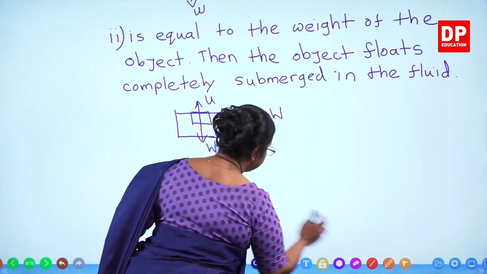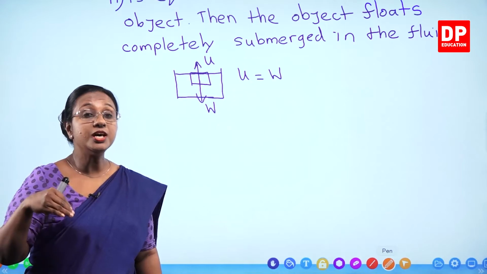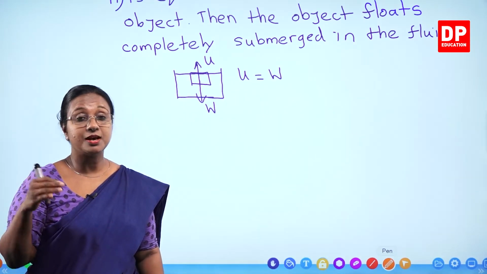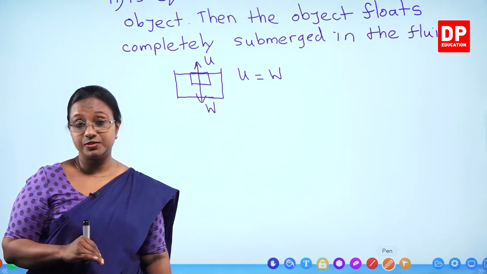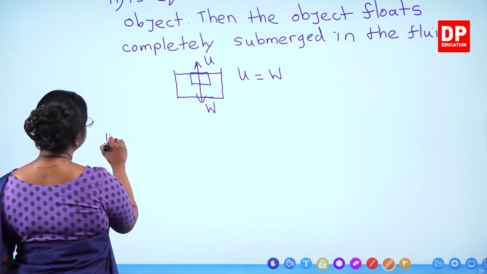That is the instance that we discussed before, where we try to push the object that is partially submerged below the surface of water. So there, what happened?